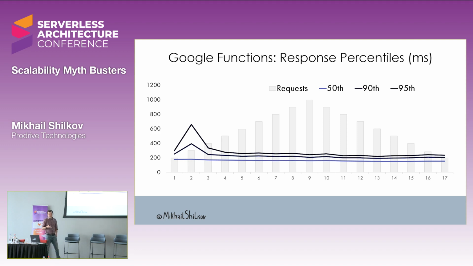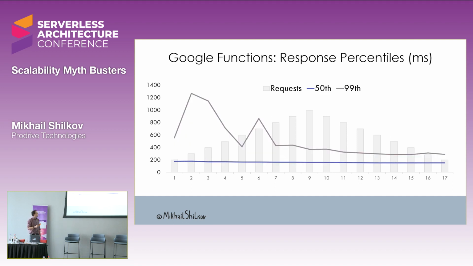I'm not sure why, but that's the effect of the downstream dependency, not the functions themselves. Functions are quite responsive. There was just one small glitch. The 99th is a bit more rock and roll in the first part, but it's still about 1 second, so nothing dramatic. You will not notice a lot of delay here.